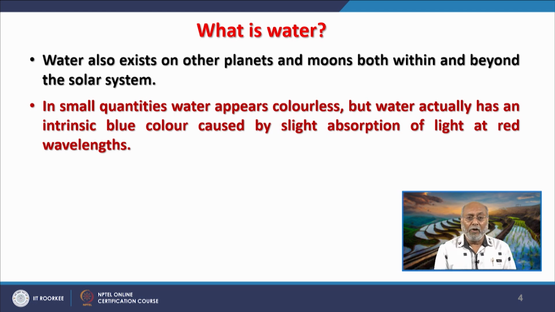A small quantity of water appears, as we know, colorless, but as just mentioned, water actually has an intrinsic blue color, and this happens because of a slight absorption of light at the red wavelength. If you understand the electromagnetic spectrum, then you know that if any light is absorbed, then that is not seen, but the light which gets reflected becomes the color.